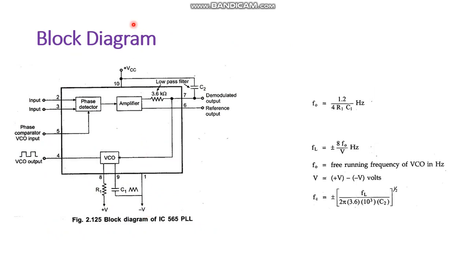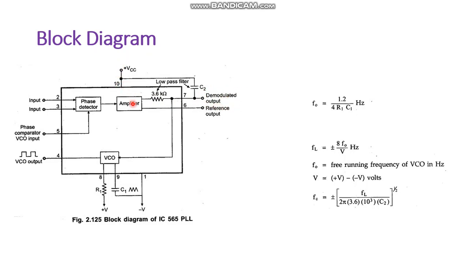The internal block diagram of this IC 565 can be observed like this. The phase detector has two inputs, input pins 2 and 3, which are connected to the error amplifier, in which an internal resistor of 3.6 kilo ohm is connected, and pin 7 acts as the demodulated output.